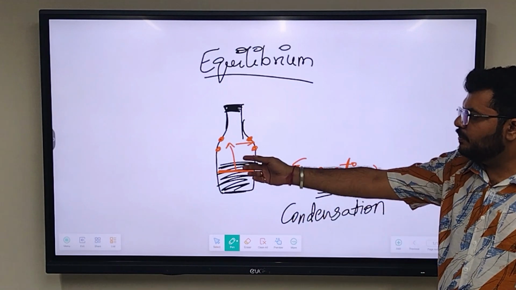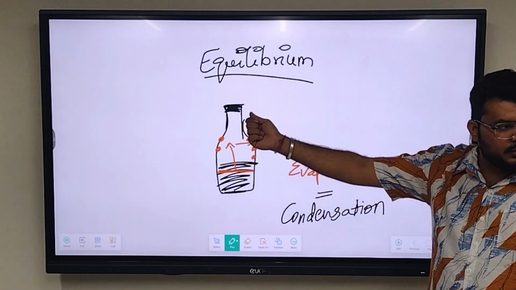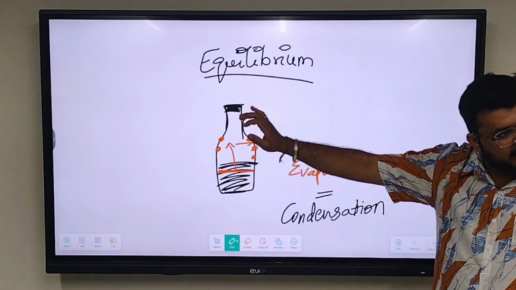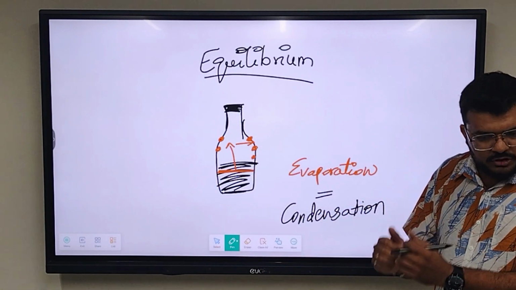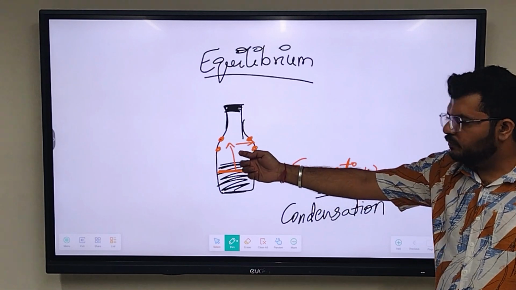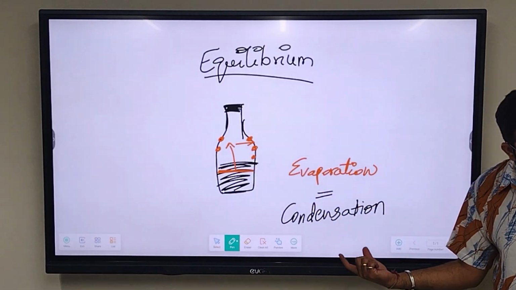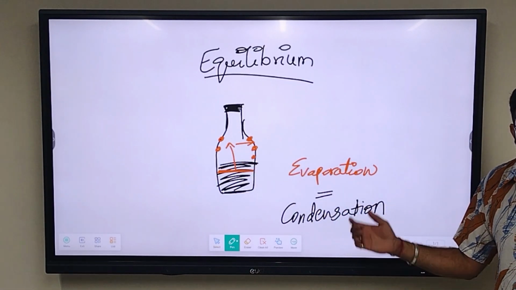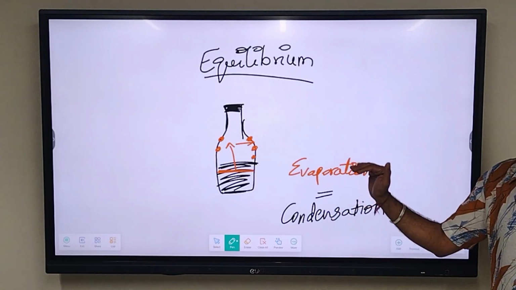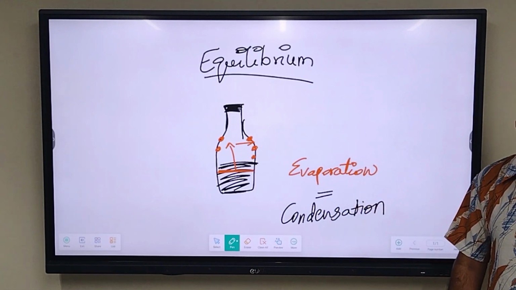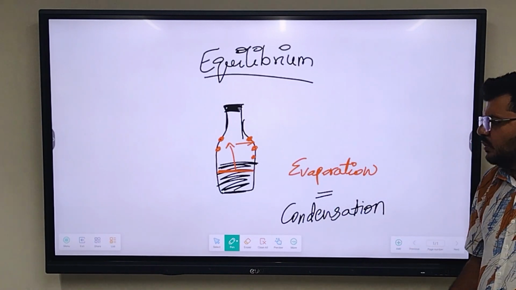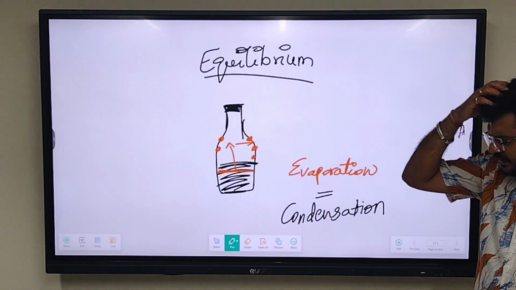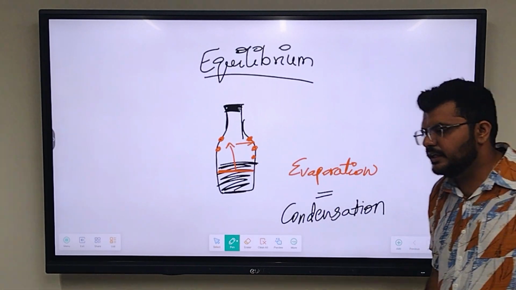This evaporated water will saturate the air above it, and then there will be a point where, if any more water wants to evaporate, some water from the air needs to condense. There will be a point where this equation is reached. Does everyone agree? Please write this.